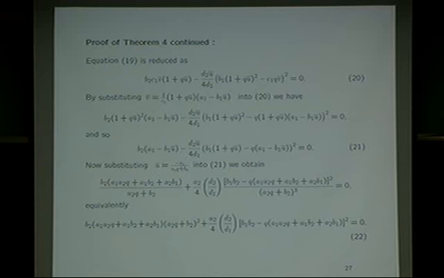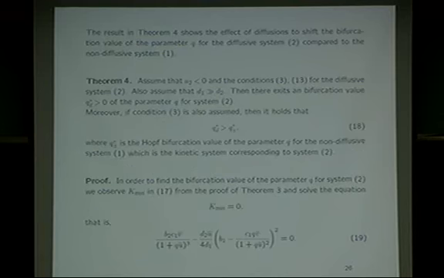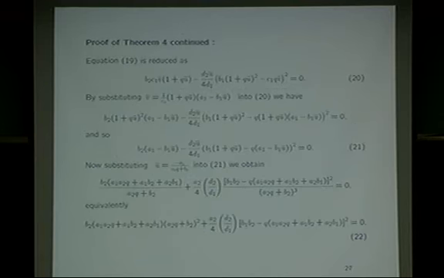Then the equation K minimum equals 0 reduces to this equation. Here we see the ratio D2 over D1 comes in. When this ratio is very small, almost 0, this part of the equation will become almost 0. So we will see only the first part of this equation.